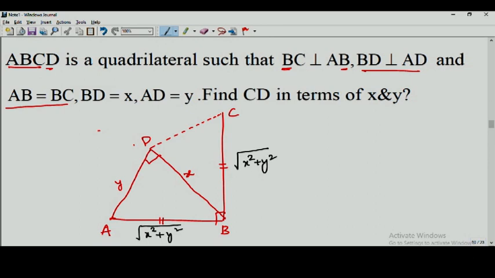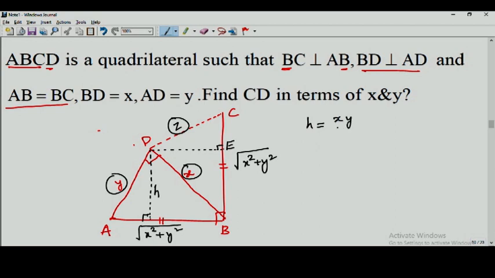Now let's draw a line here, a perpendicular line to AB from D. Similarly, on this side also draw a perpendicular line. Let this point be E. Let us consider CD is equal to z. We have to find z. Let us assume this height as h. Now in the right angle triangle, the value of h will be equal to x into y by c, where c is the hypotenuse.